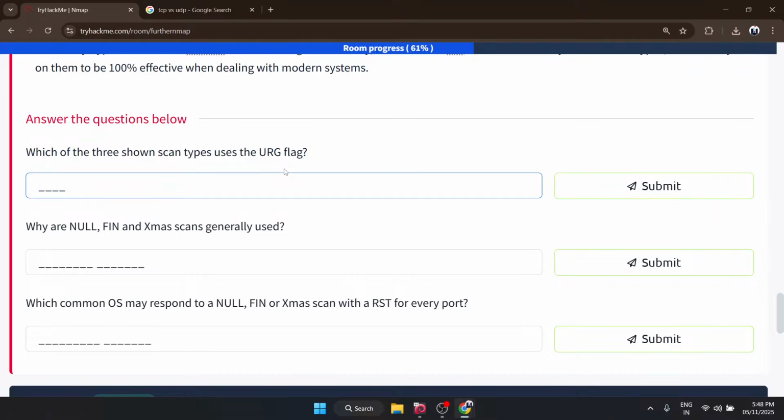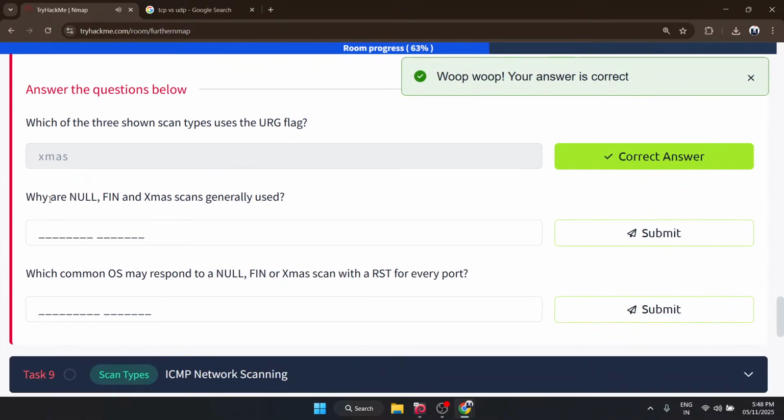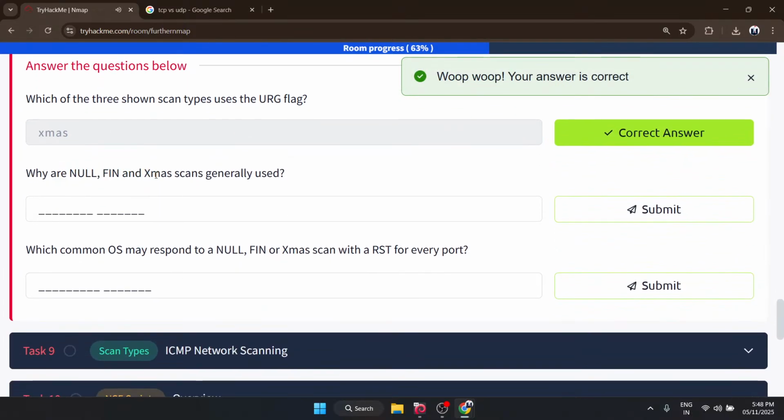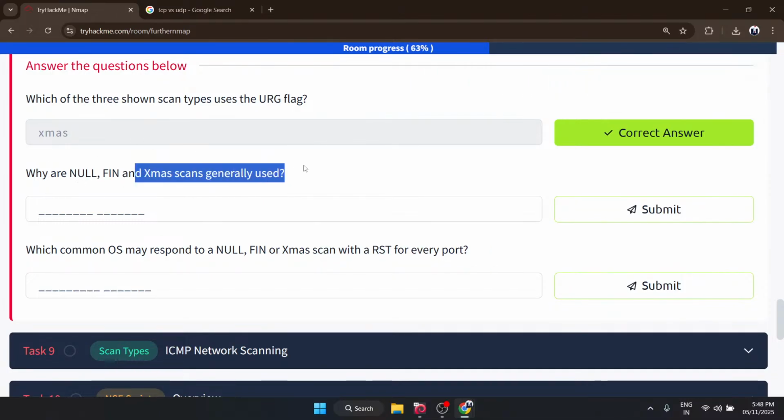Yes, you're correct, Pavani and Louise. Of the three scans, the URG flag is used by the Xmas scan. And why are null, FIN, and Xmas scans generally used? Why are they generally used?